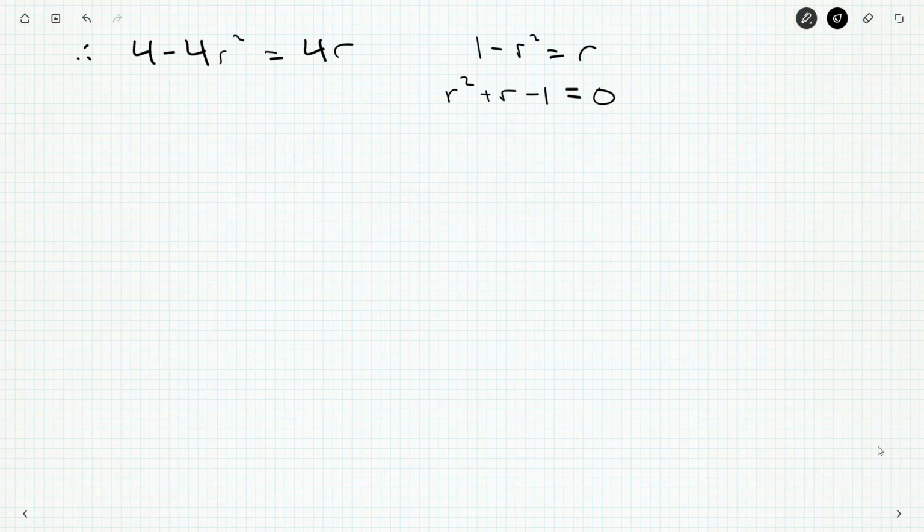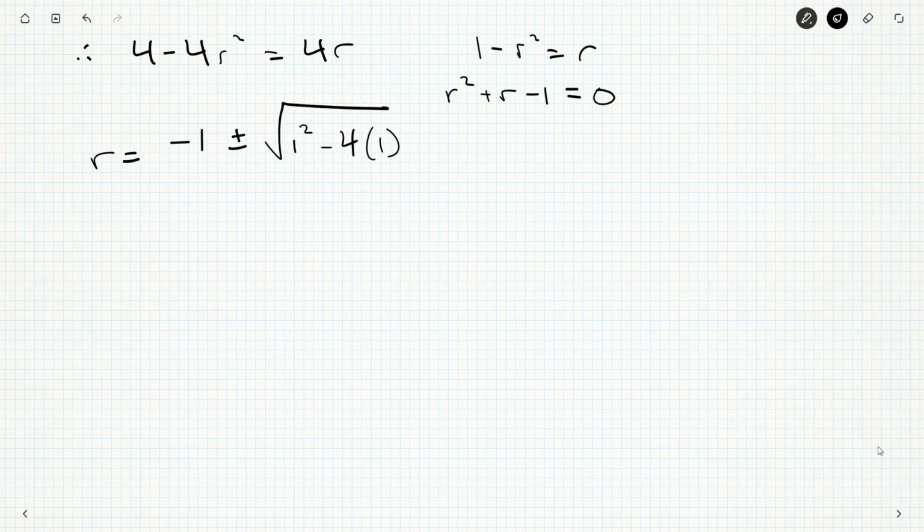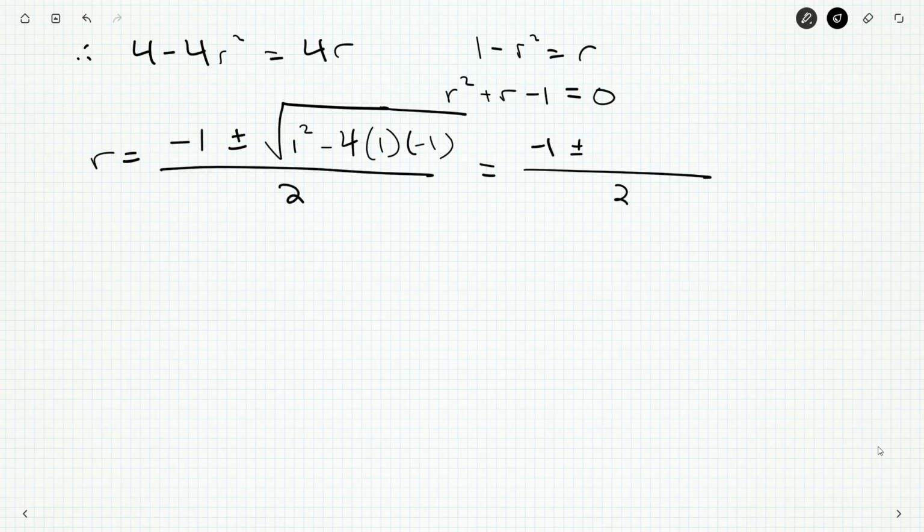Not going to be the easiest thing to factor, so when in doubt, quadratic formula. r is equal to negative 1 plus or minus square root of 1 squared minus 4ac, all over 2a. So that's negative 1 over 2, and it's going to be 1 minus negative, so plus 4, negative 1 plus or minus square root of 5 over 2, which is a fairly well-known number.